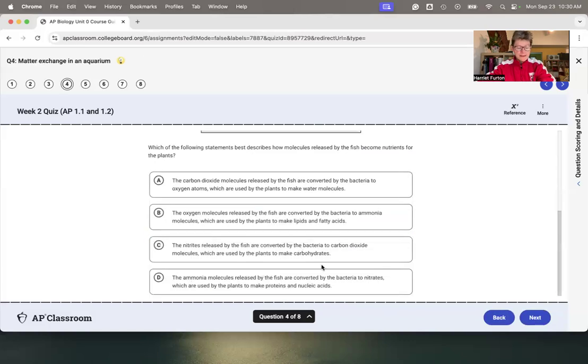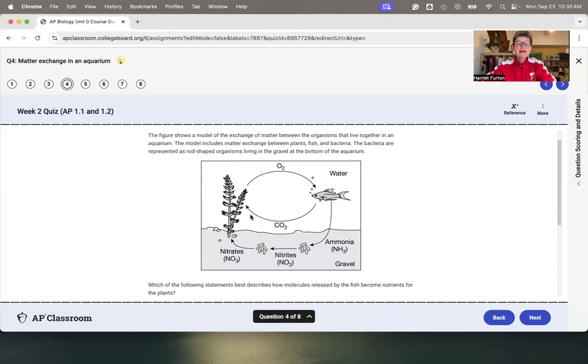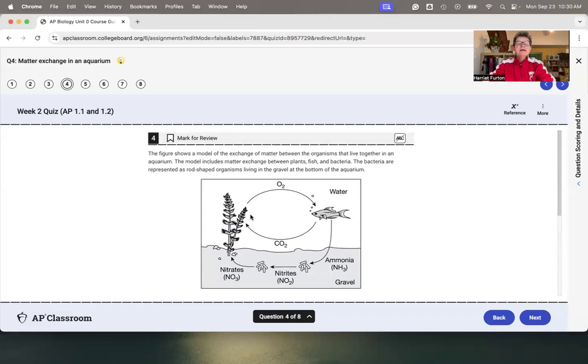Number 4. This is about analyzing a diagram, the exchange of matter between the organisms, the conservation of matter in an ecosystem. Here is the fish, and we see that the fish releases carbon dioxide, gets oxygen from the plant, and releases ammonia via digestion and urination in the water.